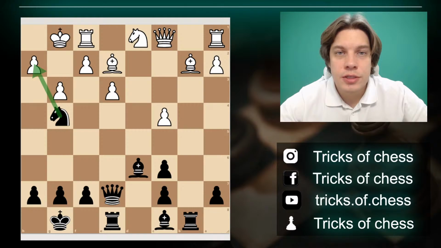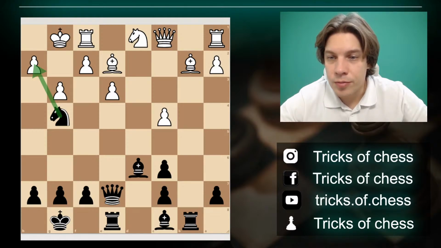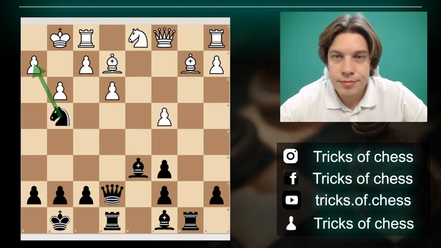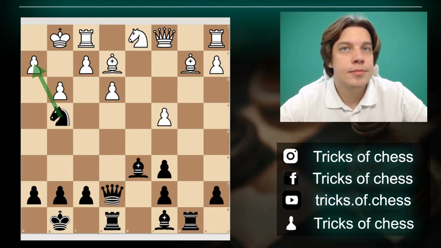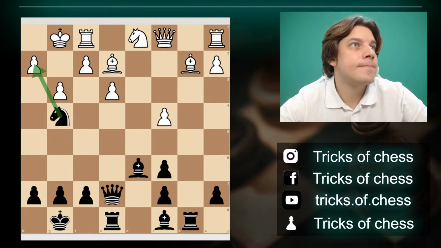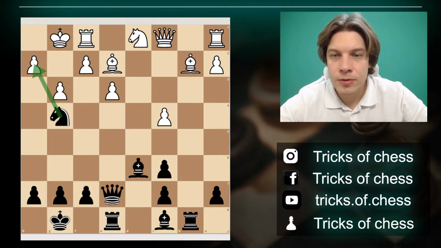Instead of king h2, instead of rook e1, is there another good move? What do you think?